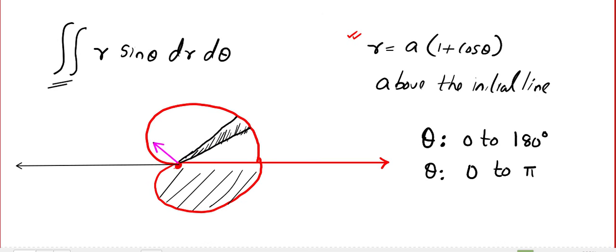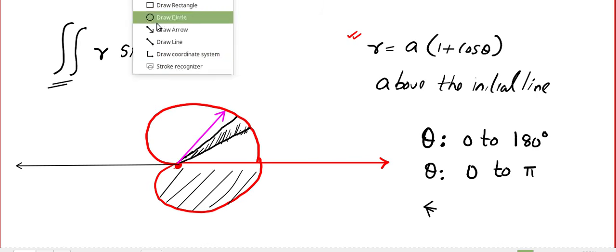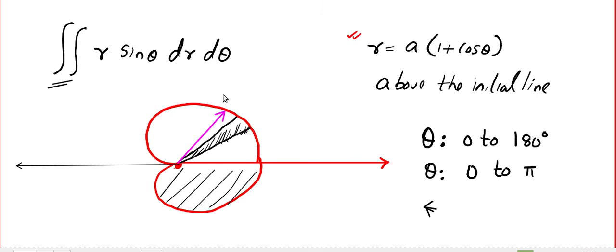Length will be from pole to cardioid. So I'm going to write the limit of r. So what can I write? r varies from pole to cardioid. But at the pole, the value of r will be 0.